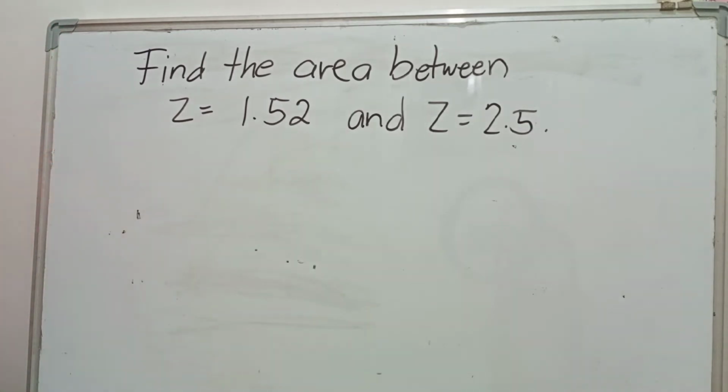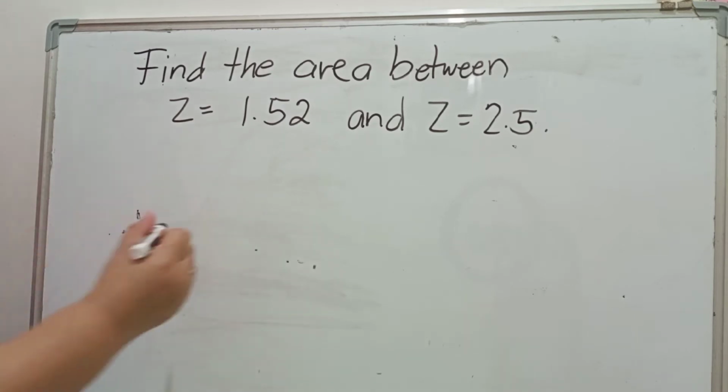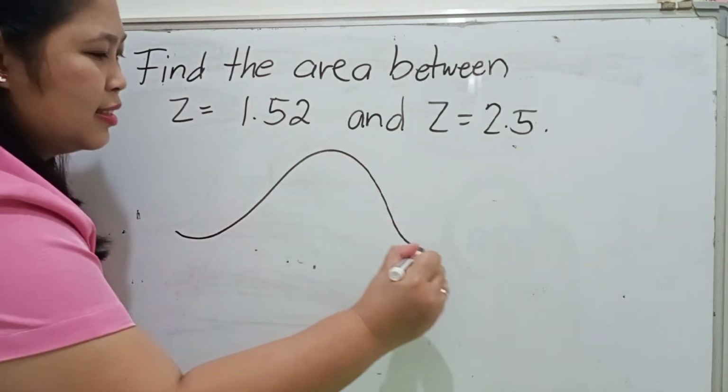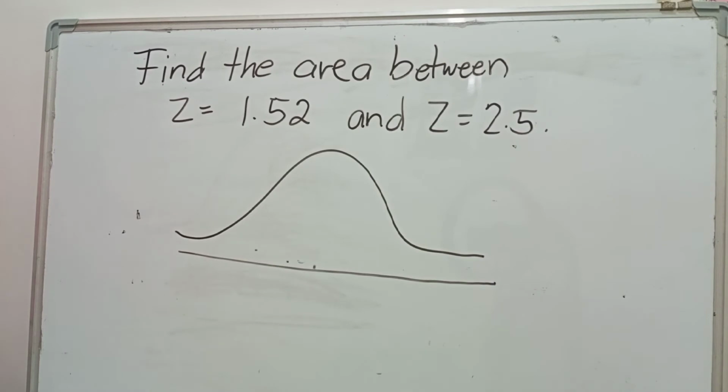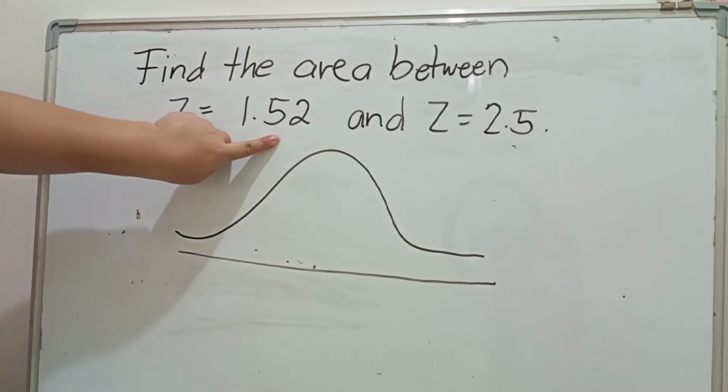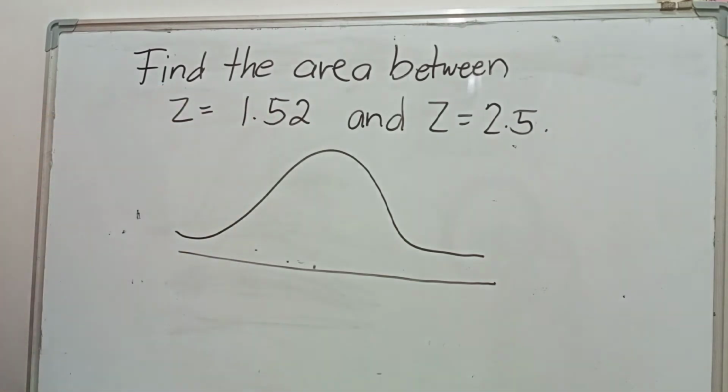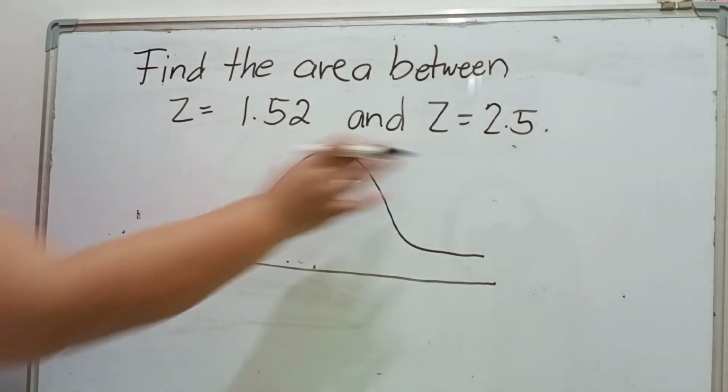Okay class, let us have another example, wherein we're going to find the area between z = 1.52 and z = 2.5. Like I've told you, the first step is to sketch the normal curve. We all know that the normal curve, or the normal distribution, is a bell shape. Since we have z = 1.52 and the other one is 2.5, we are going to find the area between these two.